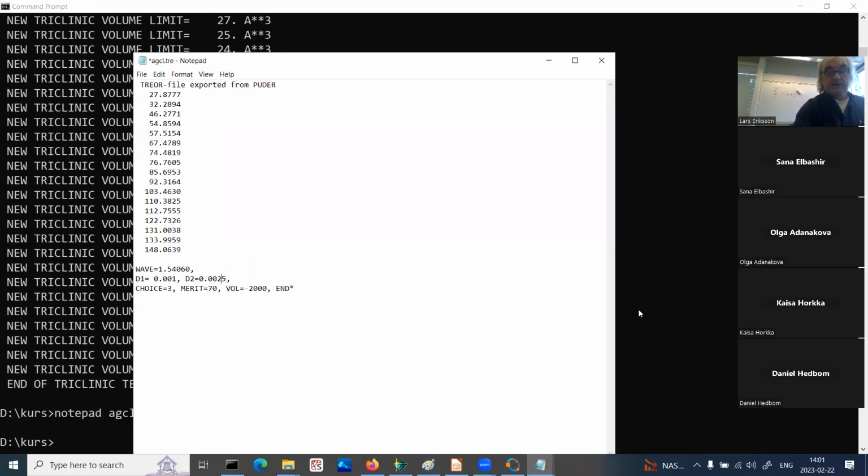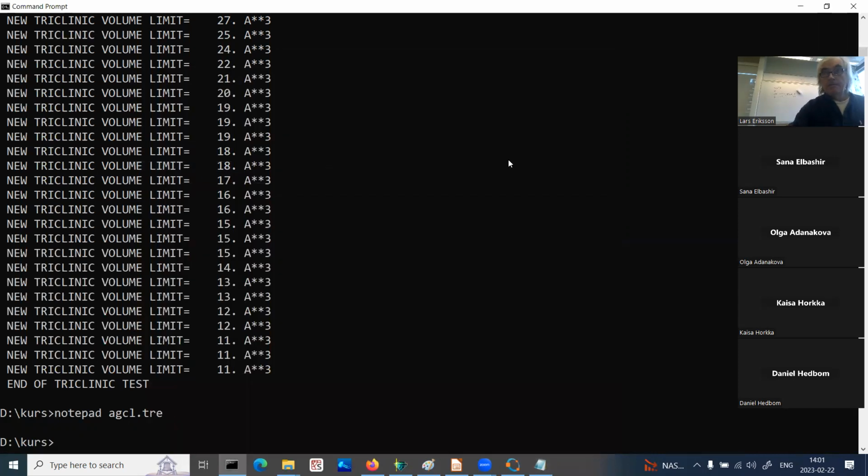This is really huge. Yeah, that's true. The D1 goes for lines that are in the beginning with the sine square theta less than 0.05. This is approximately 20 degrees.